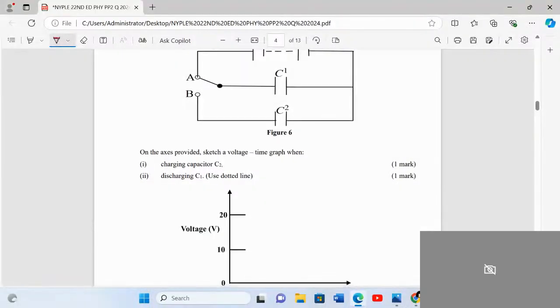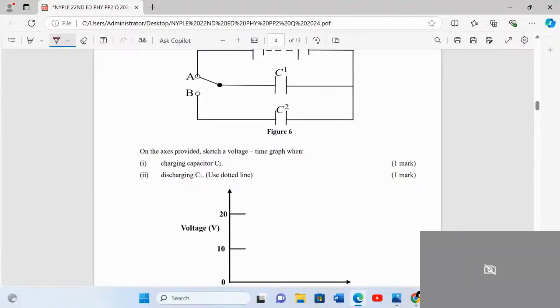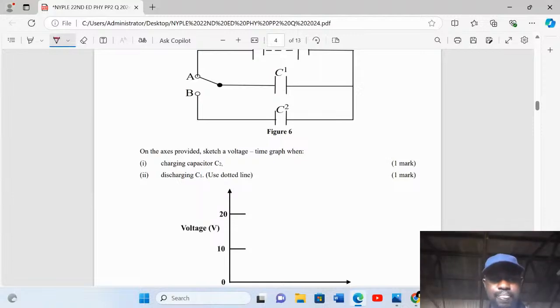You are told to sketch a voltage-time graph when (i) charging capacitor C2 and (ii) discharging capacitor C1.